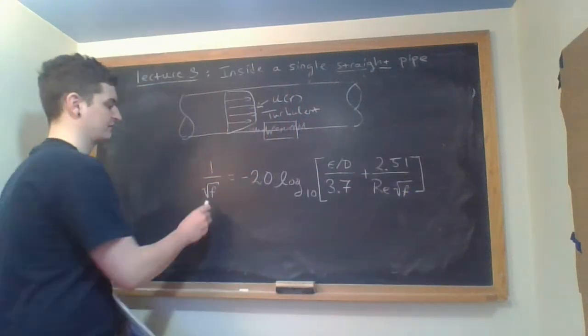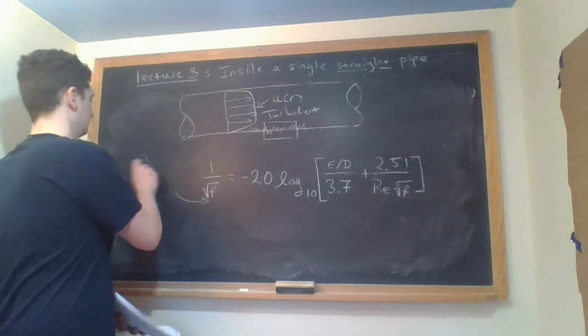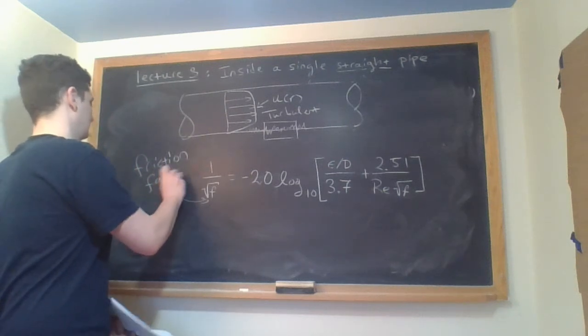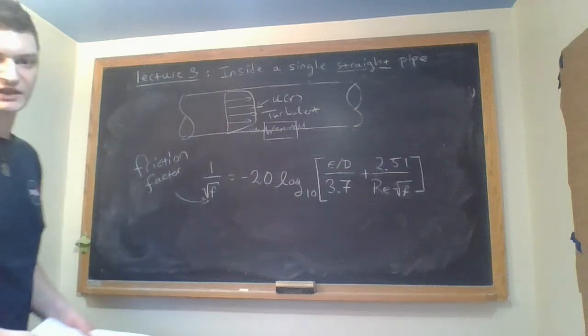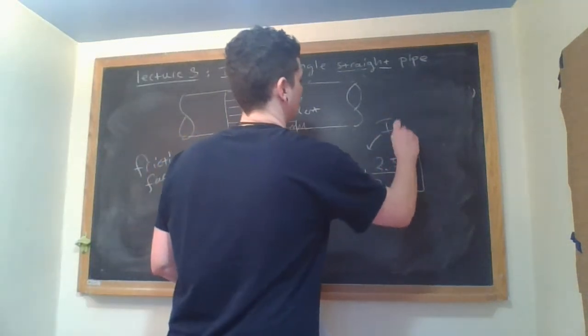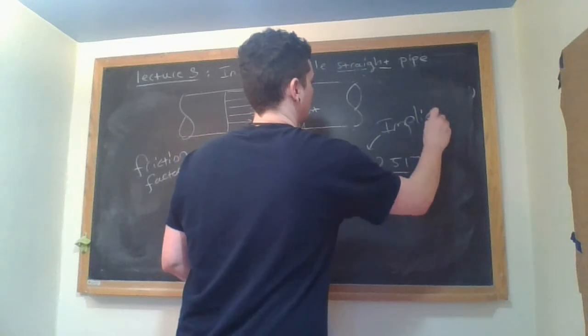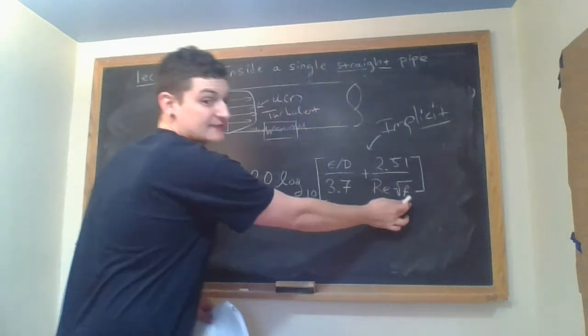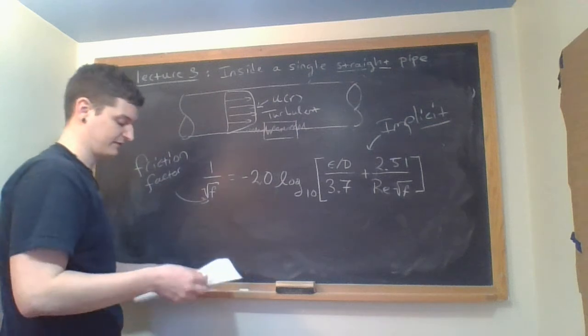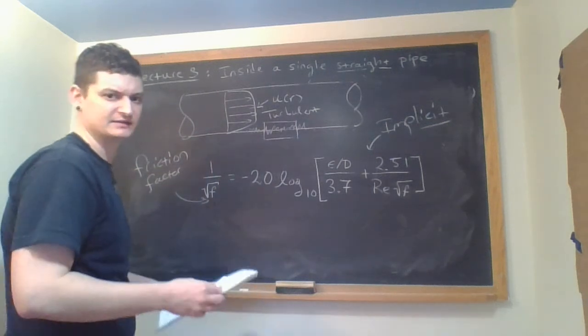So this is another friction factor. This is again implicit, because f shows up here and then f shows up here. So you can't just use pen and paper and write down what f is. It's hard enough to calculate what it is.